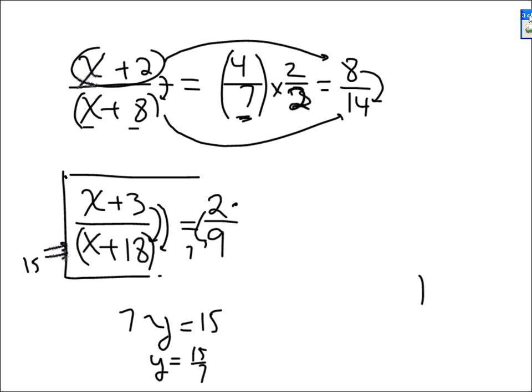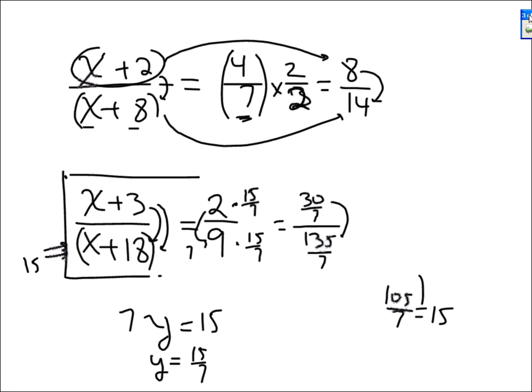So now you multiply top and bottom, believe it or not, by 15 over 7. You get 30 over 7 over 135 over 7. This bottom is 105 over 7 bigger. But you know what? That's 15. So then, last thing is you set the numerators equal, or the denominators equal.